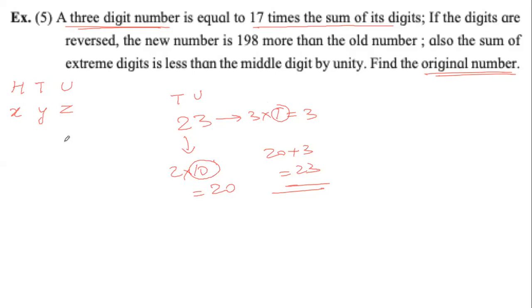So place value of Z is Z into 1, which is Z. Place value of Y is Y into 10, which is 10Y. Place value of X, you tell me how much? You know the answer. Thank you, Karthik. It is X into 100, which comes to 100X.